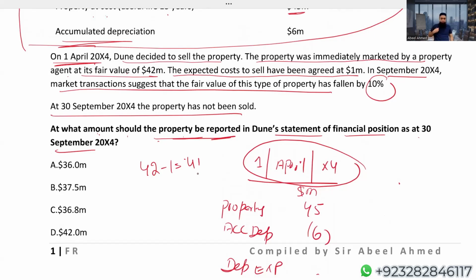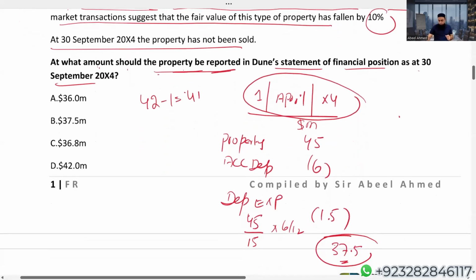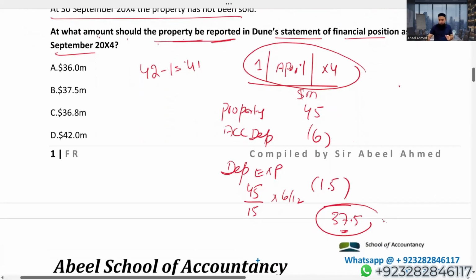Now listen to me carefully. At 1st April X4, the property will be measured at 37.5 million. Why? Because the carrying amount is lower than the fair value minus cost to sell on 1st April X4. But the question is not asking us what is the property's carrying amount at 1st April X4.